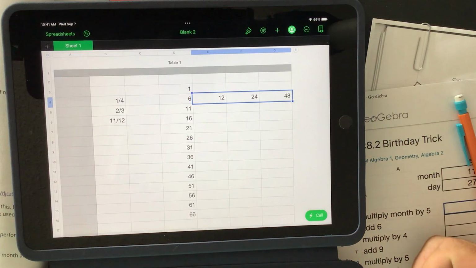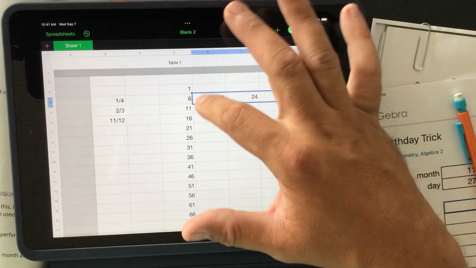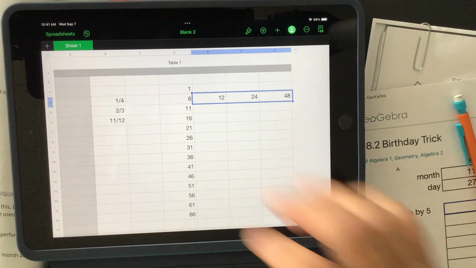And it takes the 6 times 2, then the 6 times 4, and then the 6 times 8, and it just follows the same pattern. This one was adding 5, this one was times 2, times 2, times 2, and so on. Questions on that? All right, new sheet.